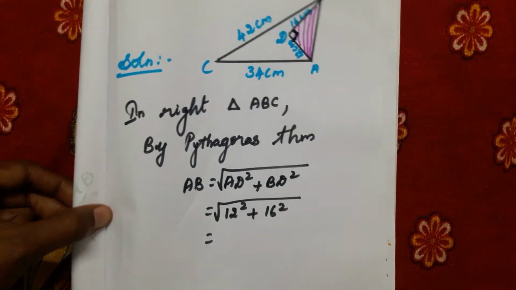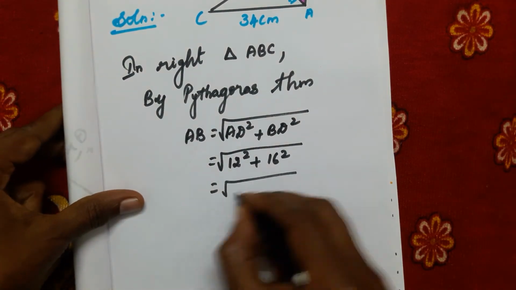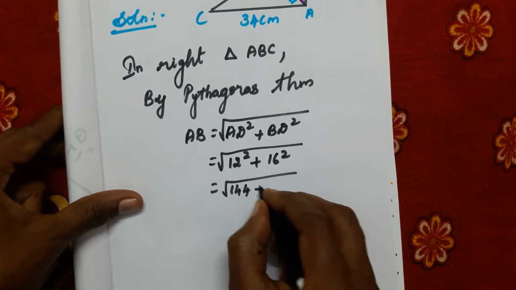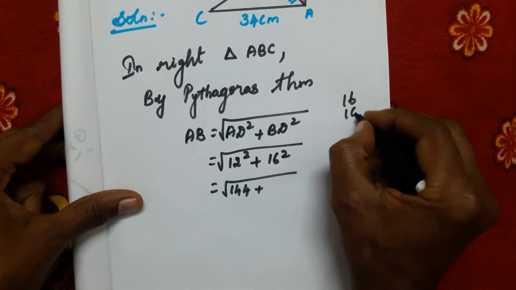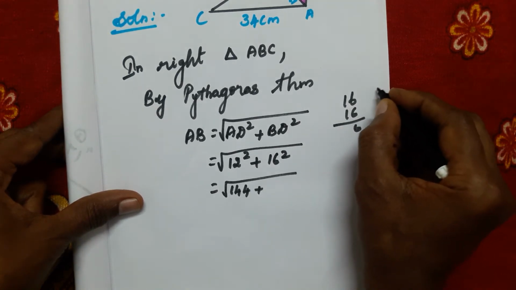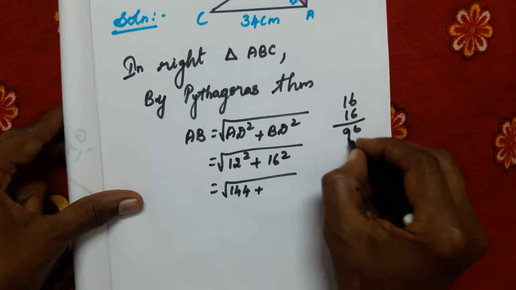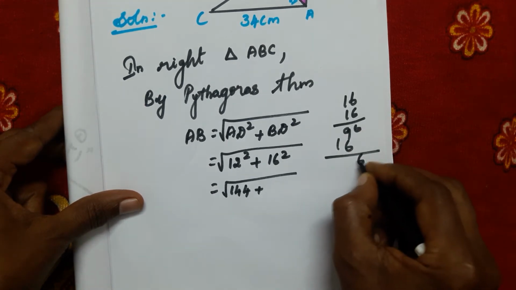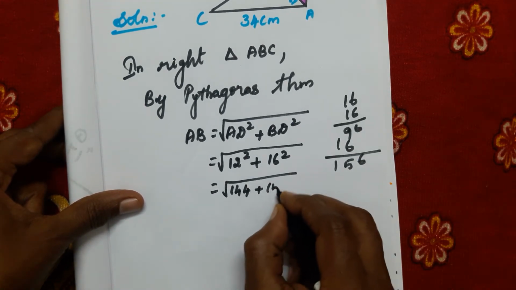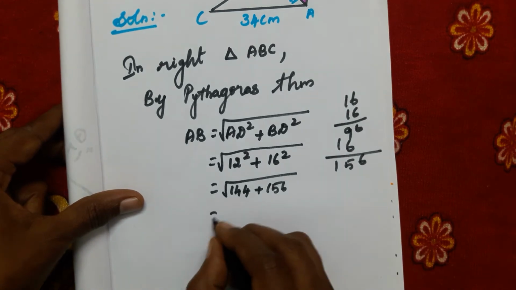What is 12 square? 12 square is equal to 144. What is 16 square? 16 into 16: 6 sixes are 36, 3 carry, 6 ones are 6, 6 and 3 is 9, so it is 256. Okay, clear?